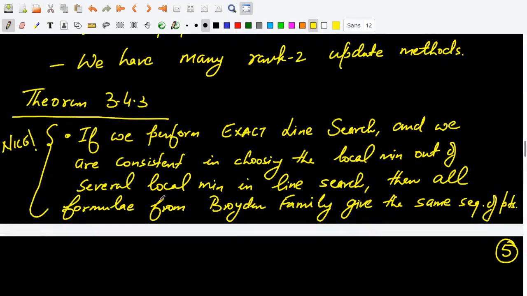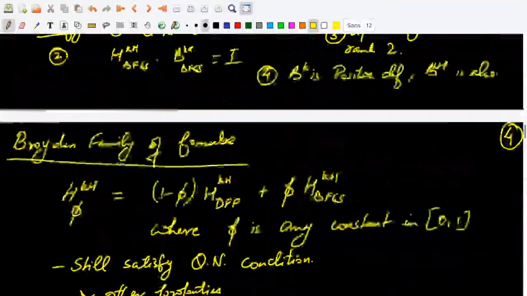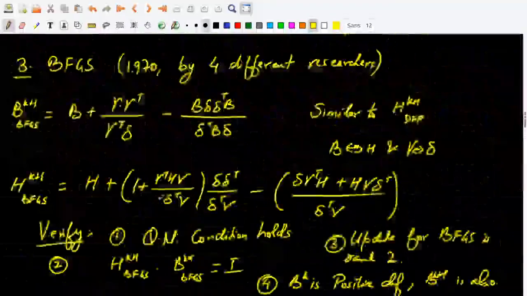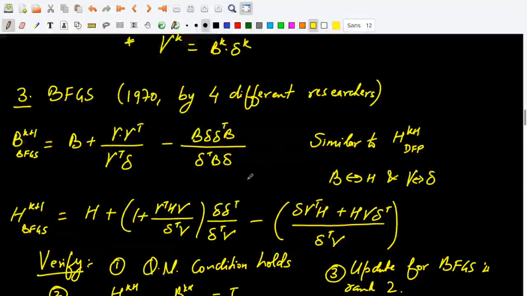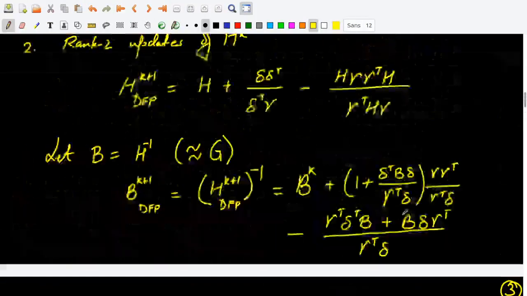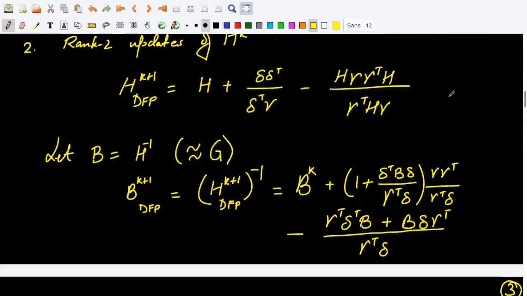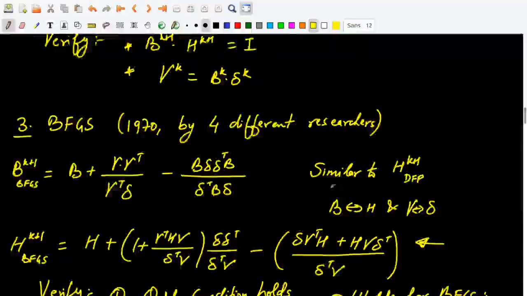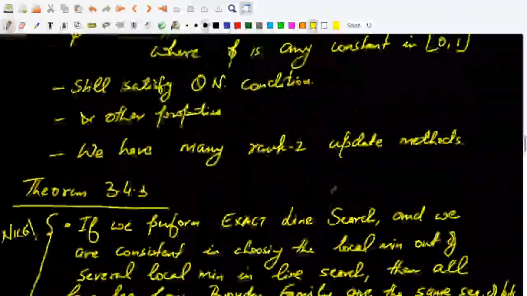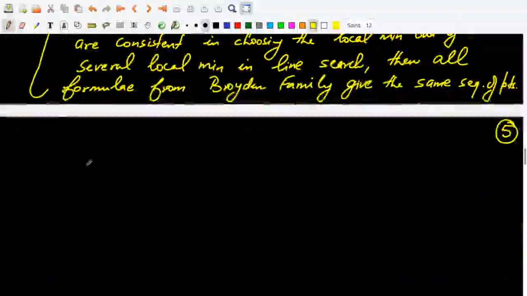Okay, so what it says is, it doesn't matter if you are choosing this H or you are choosing this H, they are different, but your directions are essentially the same.